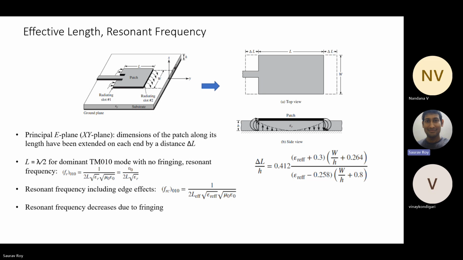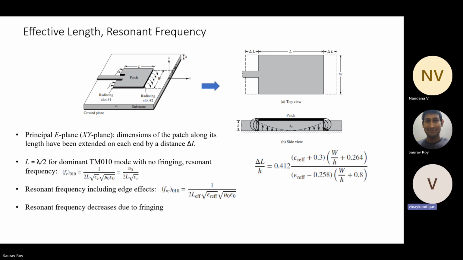Let's ask Binay. Binay, do you understand what the E plane should be for this patch antenna? Yes, sir. XY would be the plane. It is XY, but how is it coming?